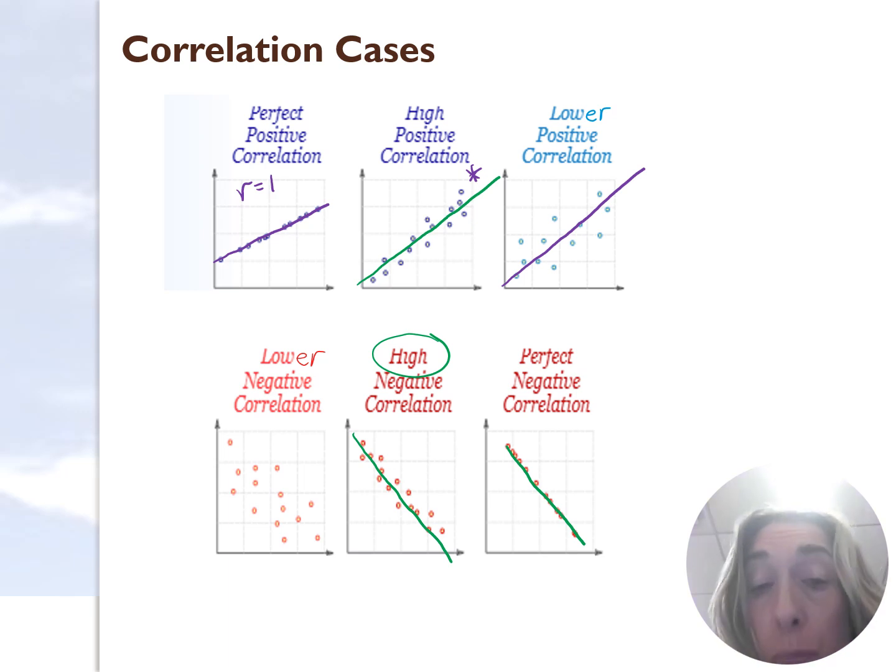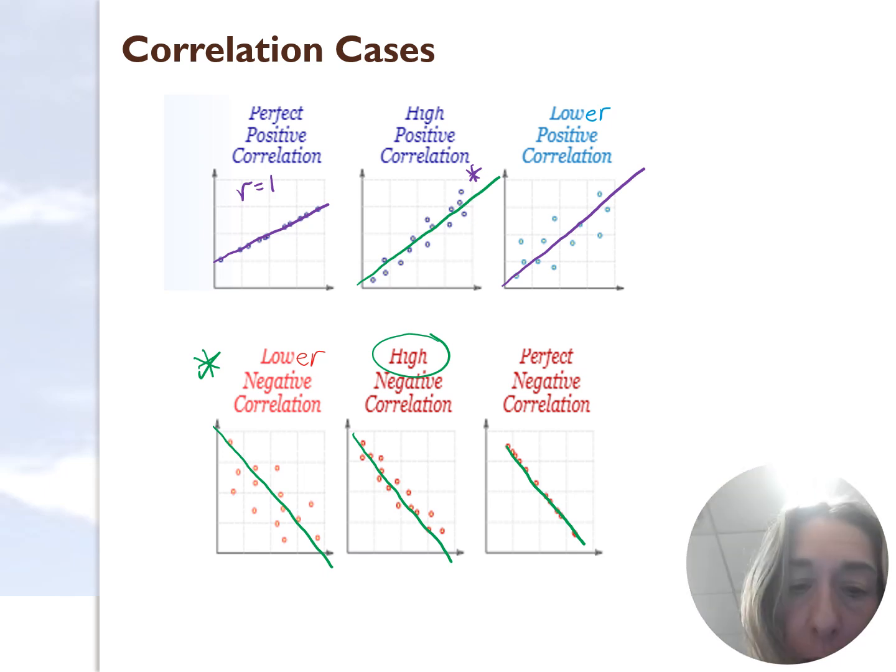Those points fairly closely hug that line. And then here over on the left, certainly a lower negative correlation compared to this graph, because the points are scattered a little bit further out from the line with a negative slope.